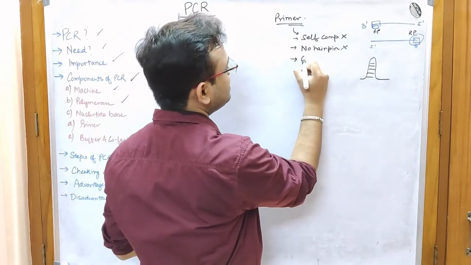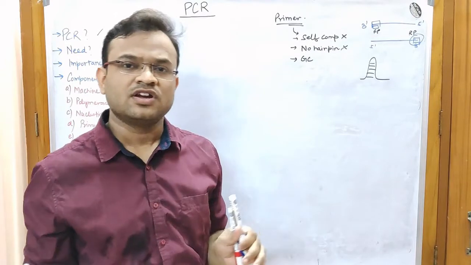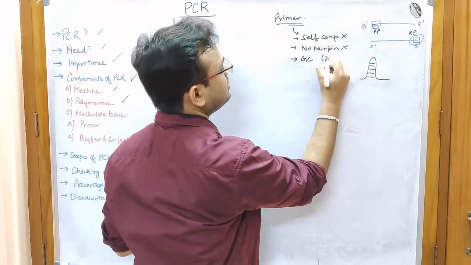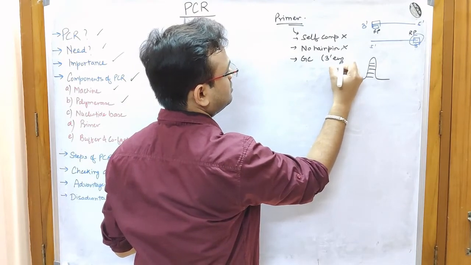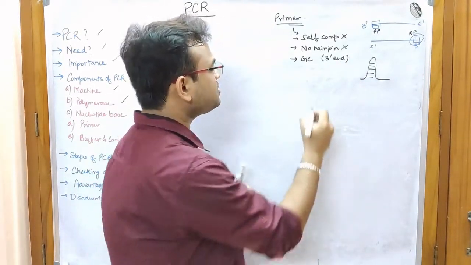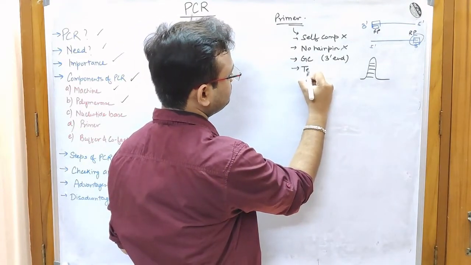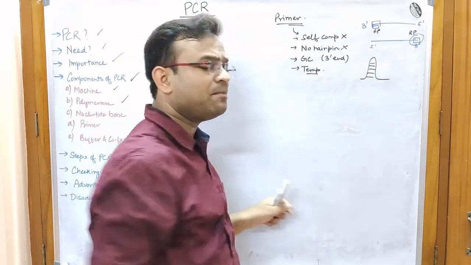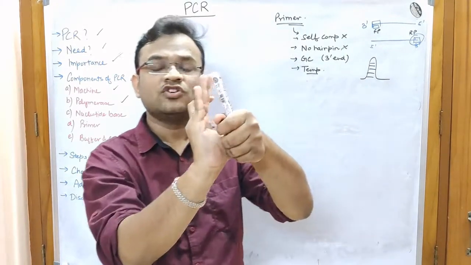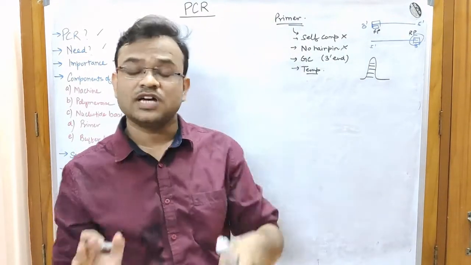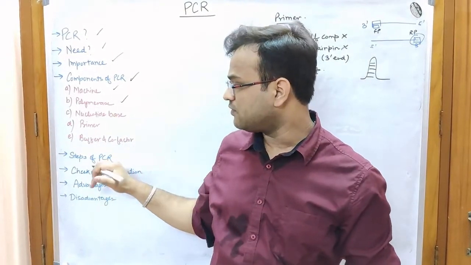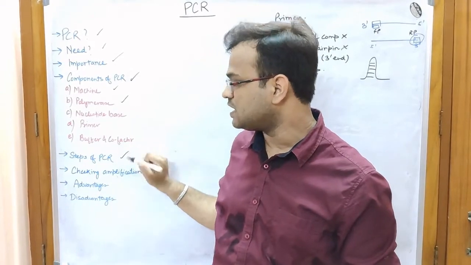Next important thing is GC region should be kept to a minimum at 3' end. 3' end GC region should be kept at a minimum. Okay, and temperature for annealing, temperature of annealing the primer should be far away from the denaturation temperature. These are the 3 steps that we would deal in detail when we come to the steps of PCR.